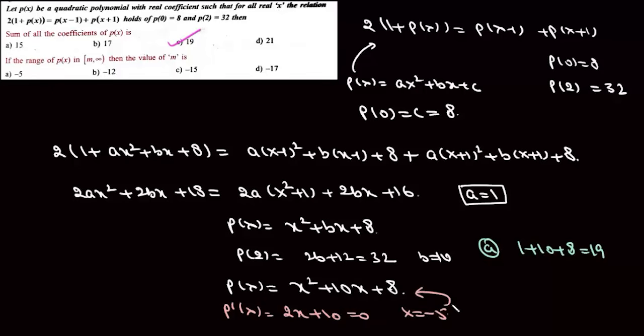So its minima will occur at x equal to minus 5. So the value of small m will be 25 minus 50 plus 8, and that'll be minus 17. So the value of m is minus 17, and that's your option D.